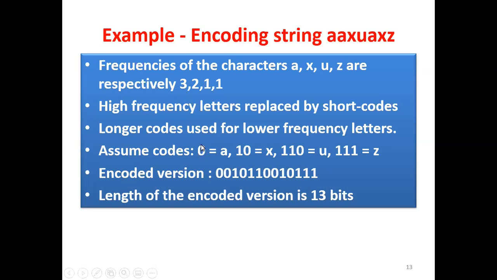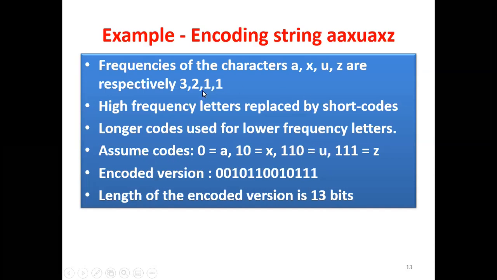That is why we have A represented with only 0. The one following it is X, which we represent with 10, that is 2 digits. Then the rest of them occurred only once, so we represent them with 3 digits.